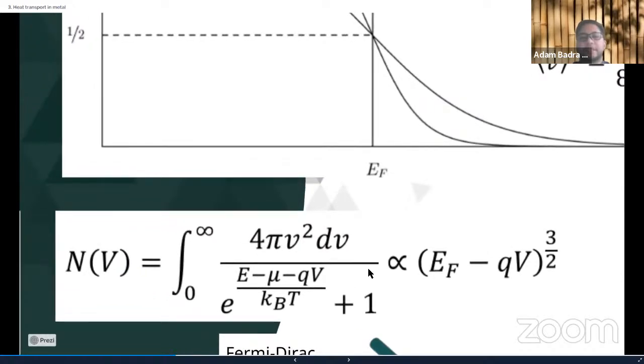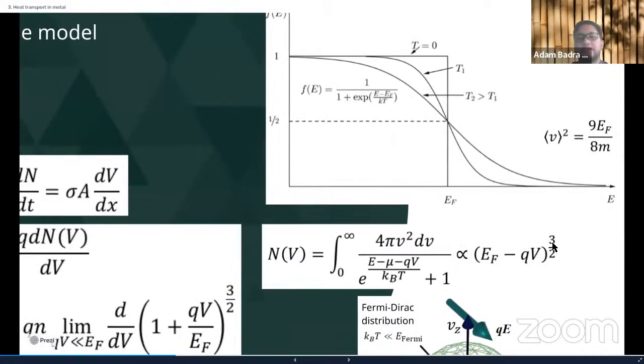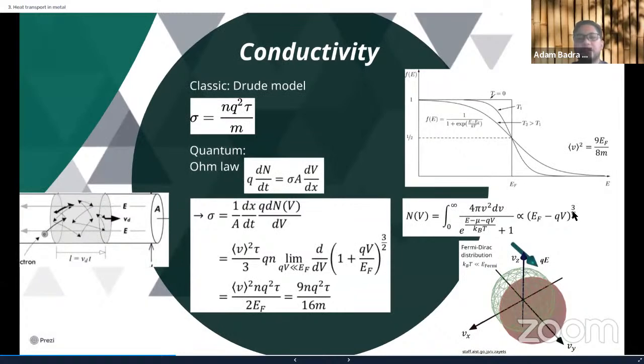And if you take the integration of this integral, then we arrive at some proportionality, that this n is proportional to the Fermi energy minus qV to the power of 3.5. Okay, something like this. If we assume a small v, then this derivative can be evaluated using this.